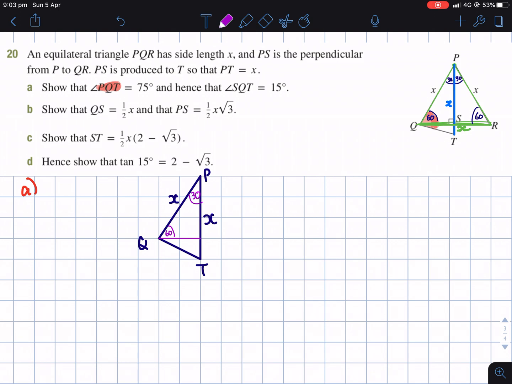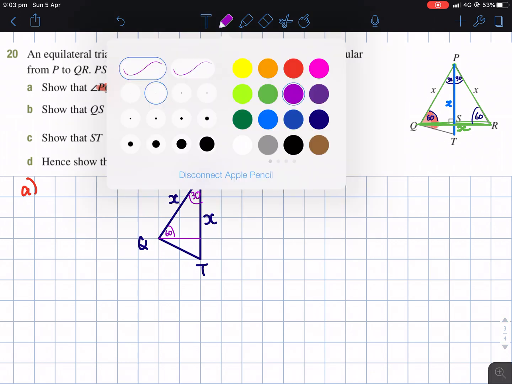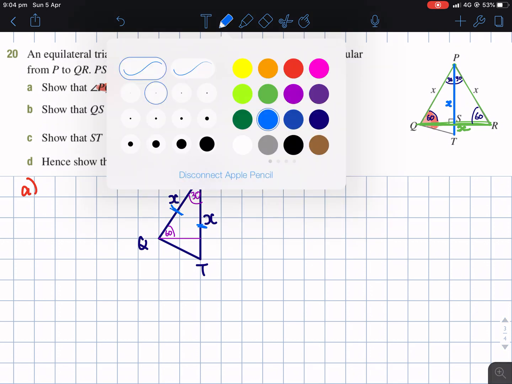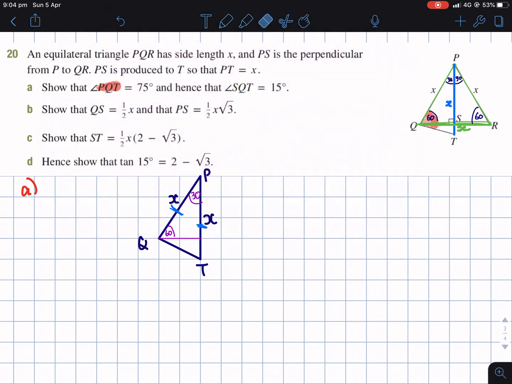But we also know that this is isosceles, because this length is the same as this length. If I ignore that this 60 exists, that means this whole angle is the same as this whole angle, because in an isosceles triangle, the bottom angles are the same. So I'm going to call these angle A.